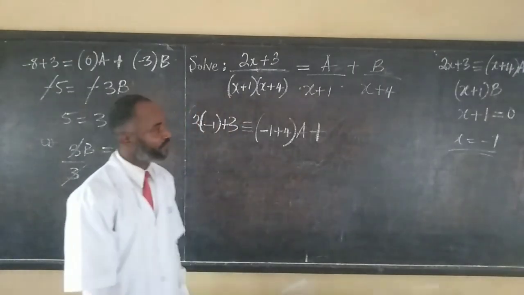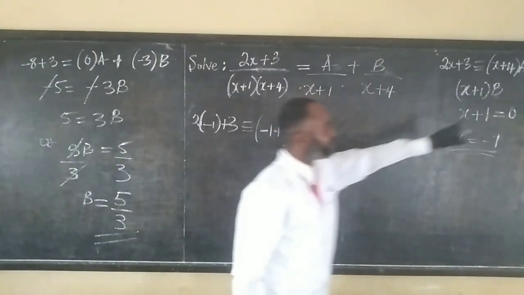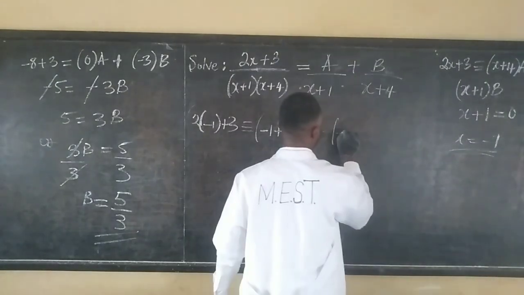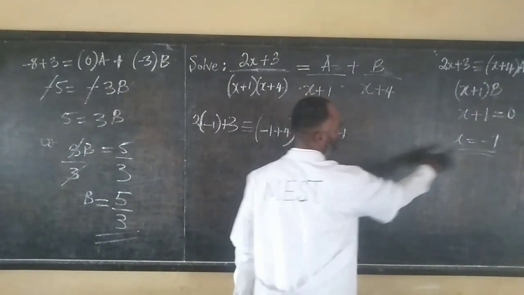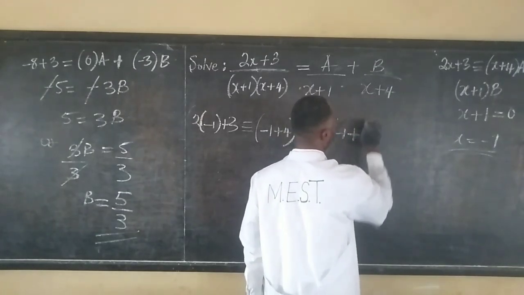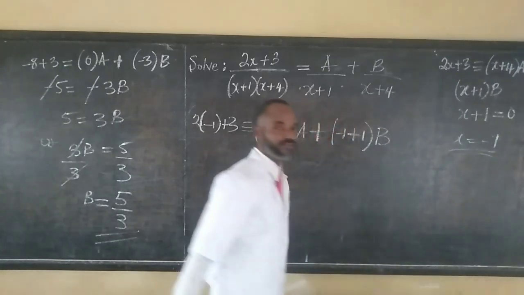The next thing is this. There is also x, so we put minus 1 for x, plus 1, bracket close, and then B.